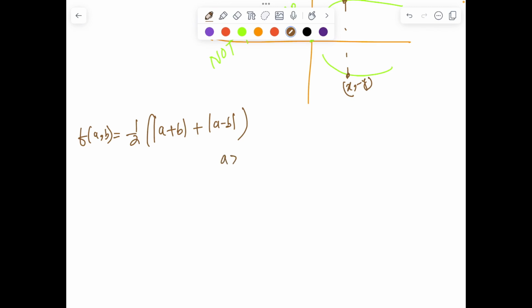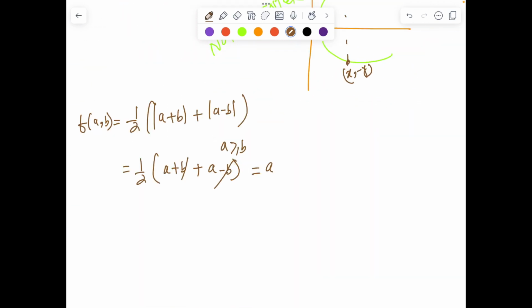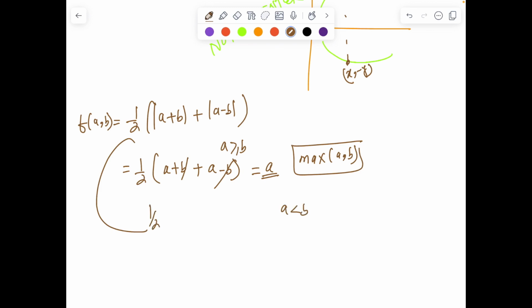If I call this expression some function of a and b, let's check what it means. If I take the case a is more than b, f is half of a plus b plus a minus b, which gives the value a. So it's basically the maximum of a and b.